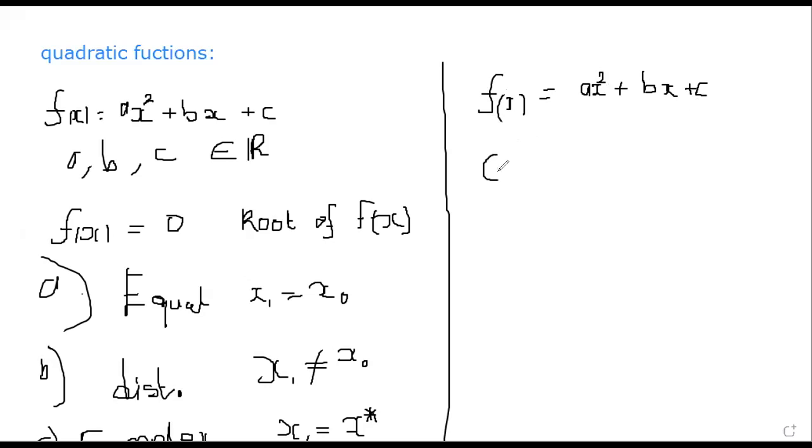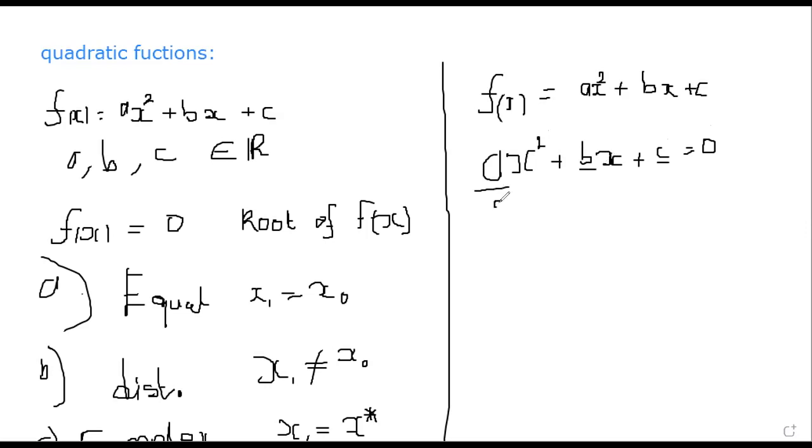So in the end, what we'd have is a x squared plus bx plus c is equal to 0. In order for us to find the roots, let us make sure that the coefficient of x to the power 2 is just 1. So we are going to divide throughout by a.